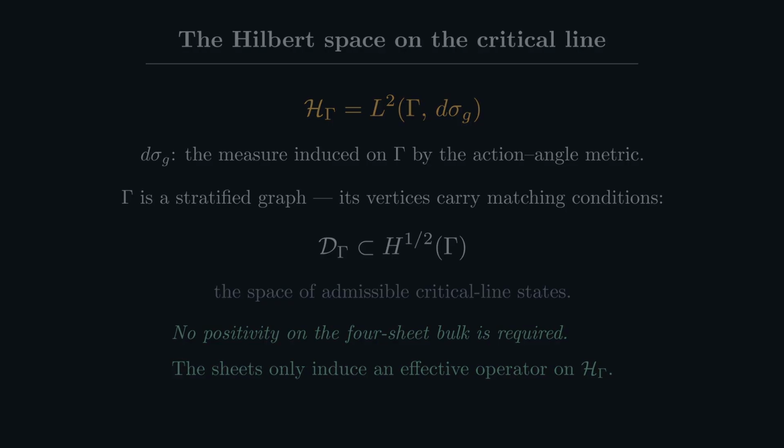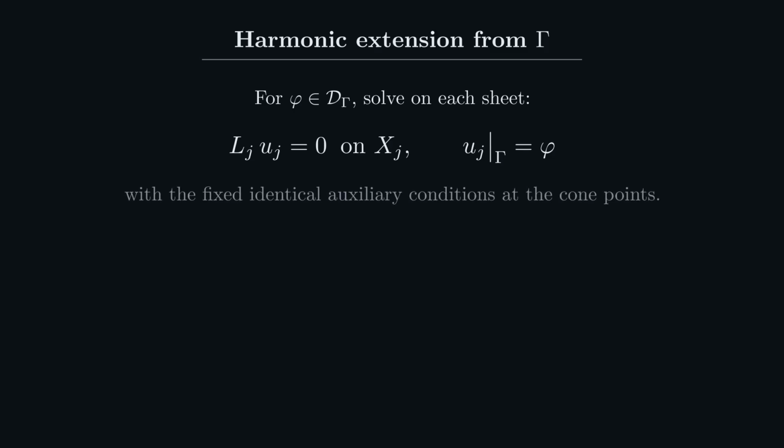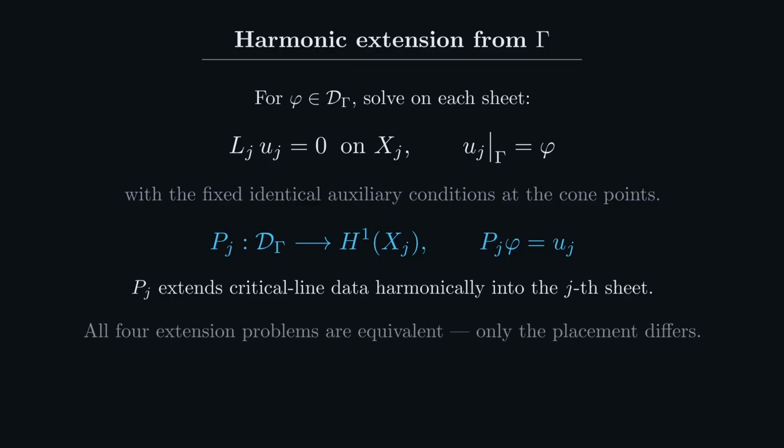So now the next step is a harmonic extension from gamma. We're going to solve this harmonic extension problem, and we're going to try to extend away from gamma, such that the map P sub j extends the critical line data onto the jth sheet harmonically.